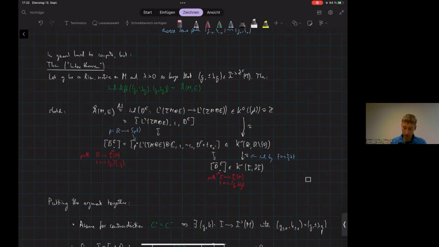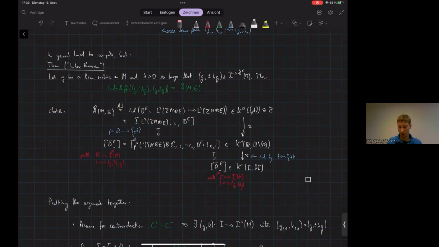Namely, this element that I wrote down here is precisely the Dirac-Witten operator associated to a certain path, where we just have pairs of the form G, lambda G, and now in this case lambda is 2T over N. And so we now need to just rescale it a bit and restrict it, and we get precisely this index difference element that we want to have on the left-hand side.